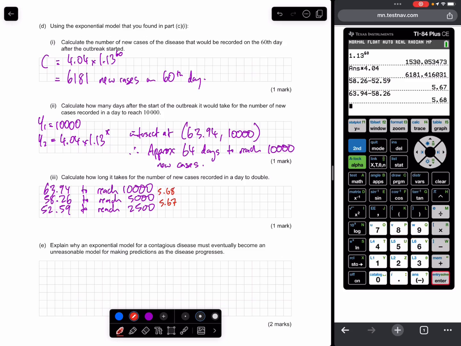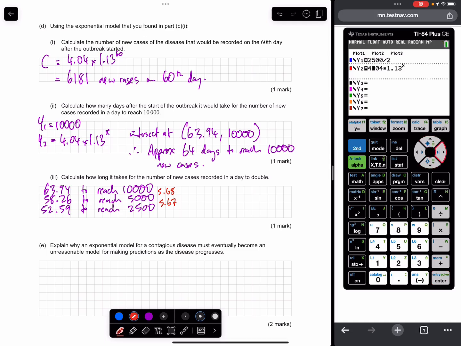Let's try one more. I'm not sure enough yet. 1,250.